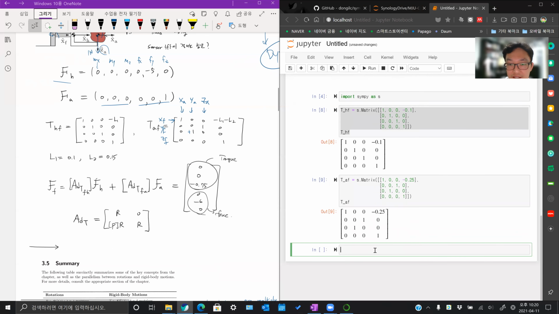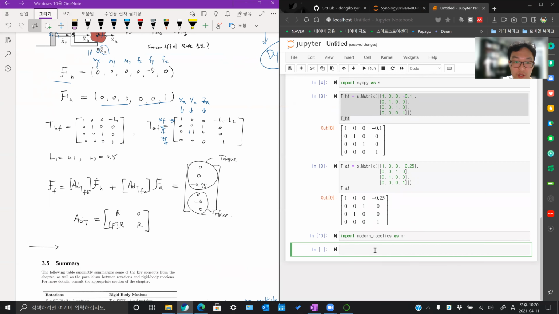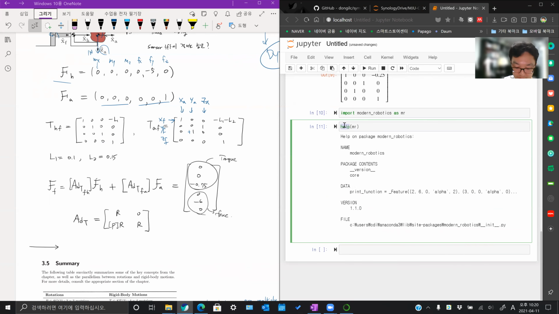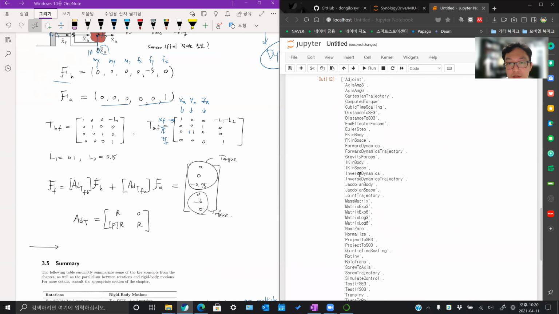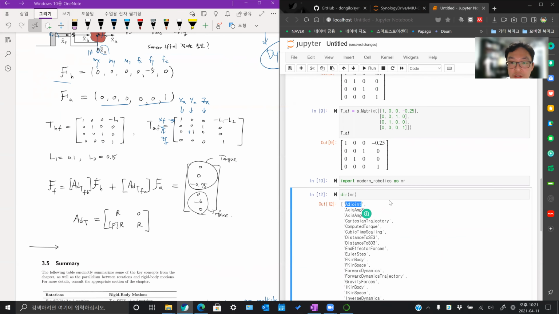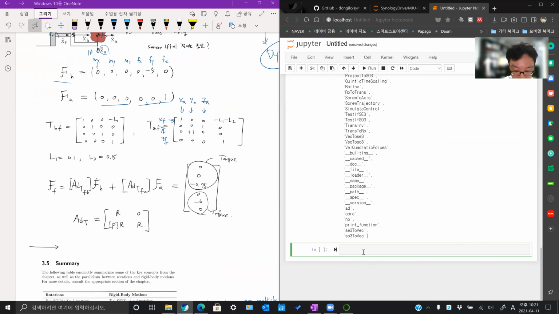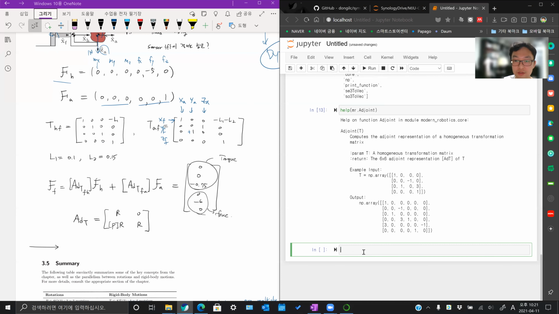So let's use MR, import modern robotics as MR. Help MR. Okay, there is another joint here. So help MR dot other joint. And we can check how to use the other joint T.